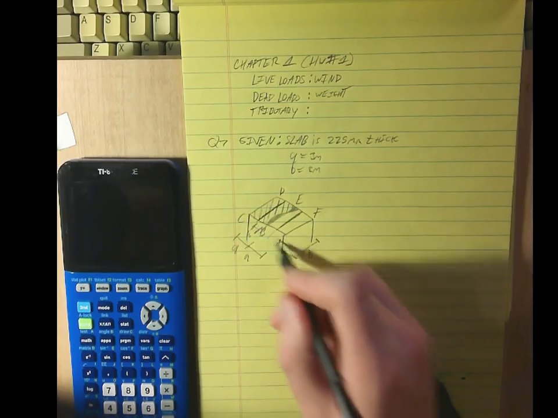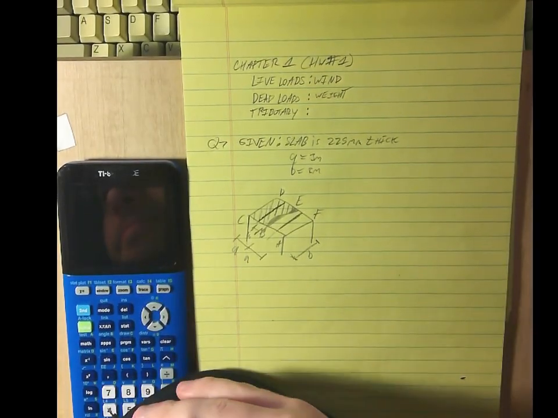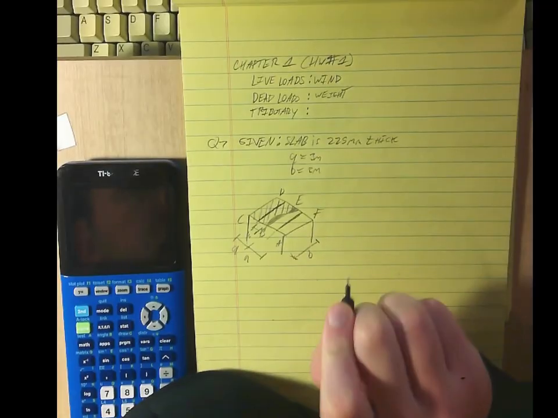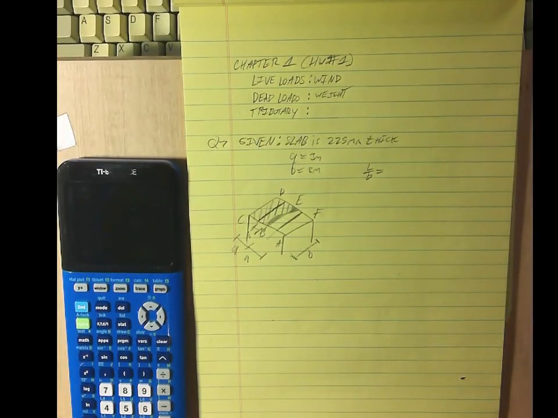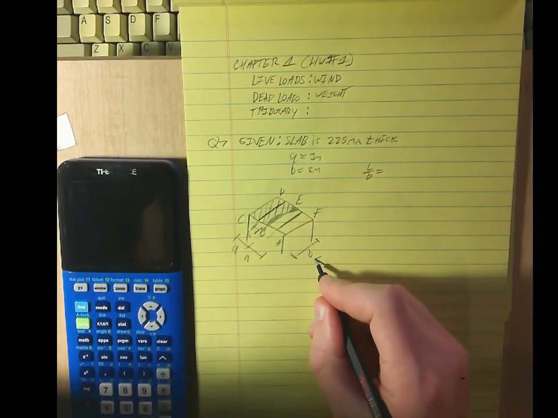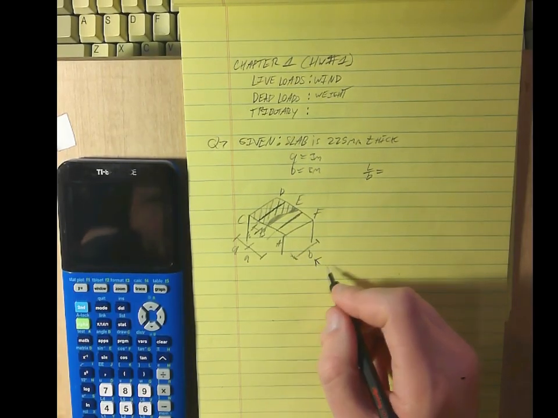So you add them together, and this whole tributary area distance is going to be equal to A. But I guess the first thing is we want to know what the L over B is. So let's do L over B, which is, I believe, this right here. Which one's the L, which one's the B? This one's going to be the L.